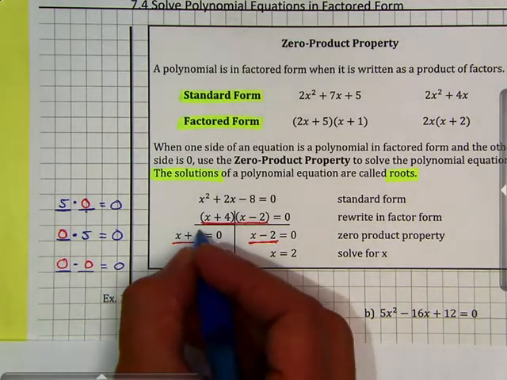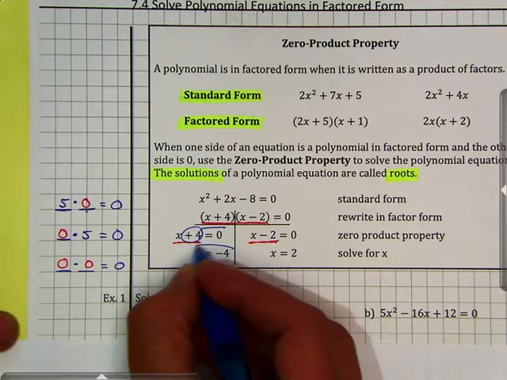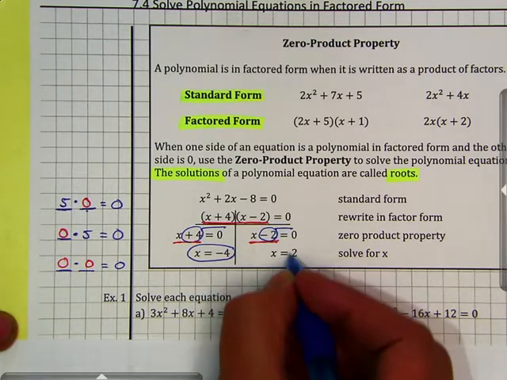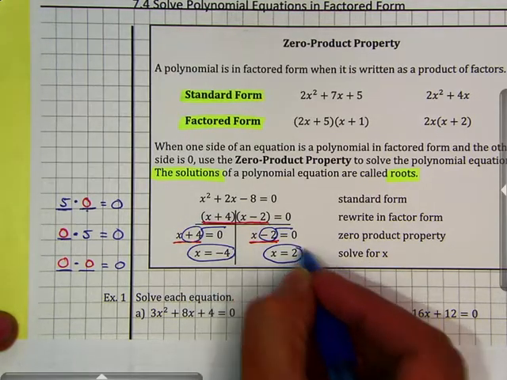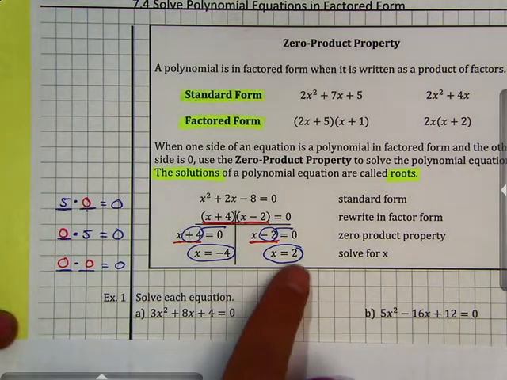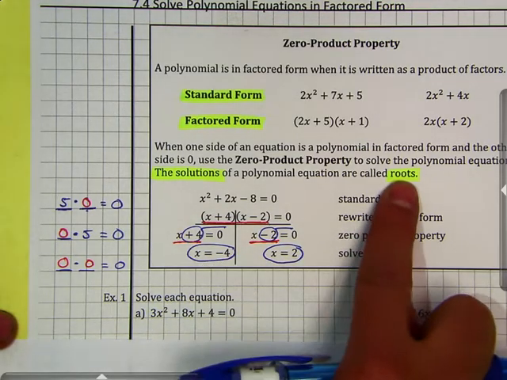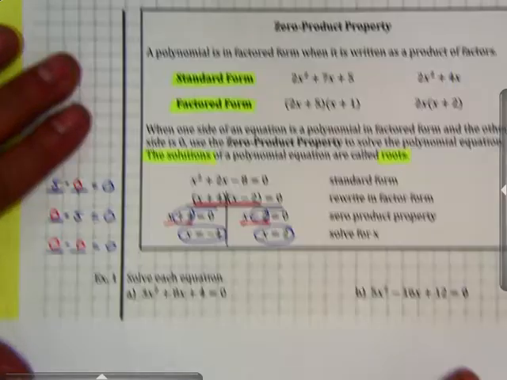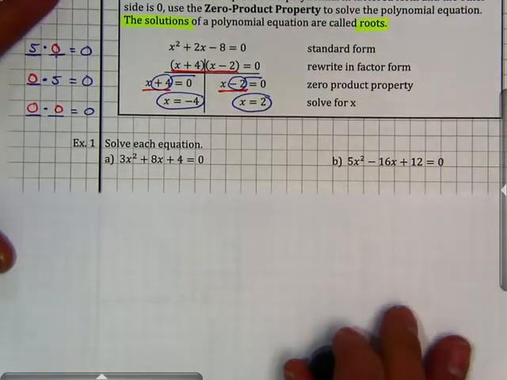Move that 4 to the right, becomes a negative 4. That's my first solution. Move that 2 to the right, becomes a positive 2, and that'll be my second solution. So my solutions, sometimes we're going to call them roots, depending on the use. But let's go through example number 1, so we can start the process.